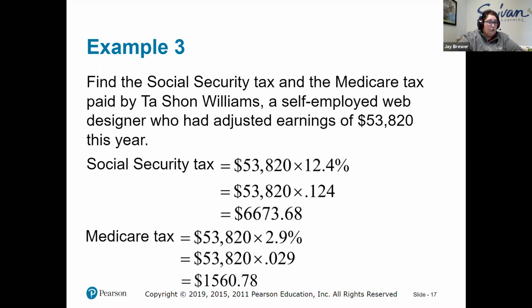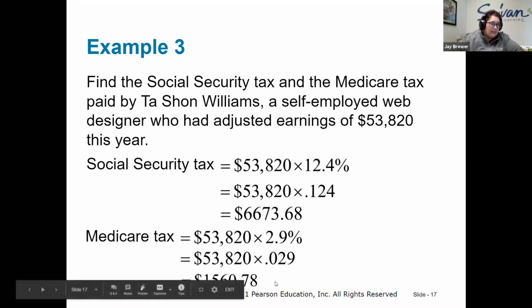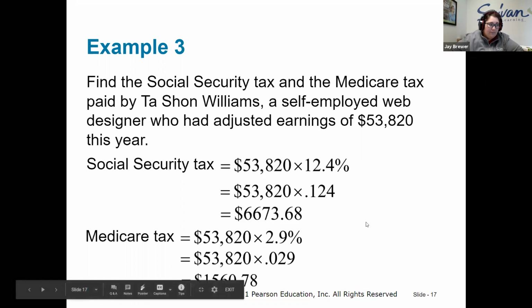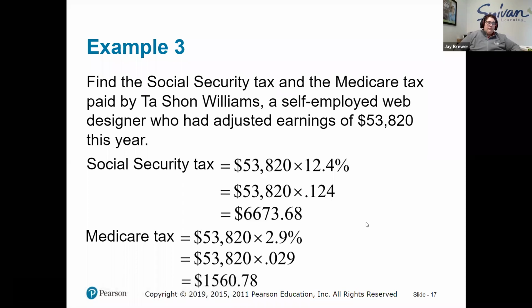So do you guys see why it is intelligent to do quarterly taxes if you have to do everything by yourself? This is how much just in taxes, like the taxes that we normally get taken out every pay period. This is how much this person is paying in 1 year, and they're paying it all at the end.